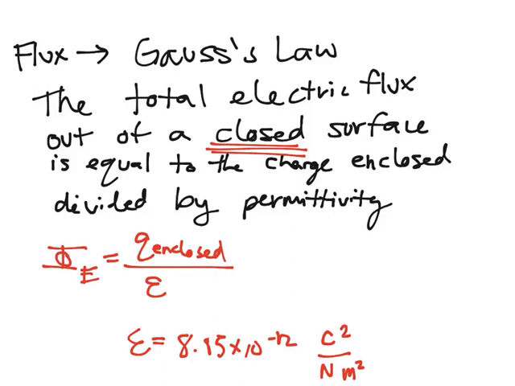So permittivity is just epsilon, which is, again, 8.85 times 10 to the negative 12 coulombs squared over newton meters squared. This only works for a closed surface.